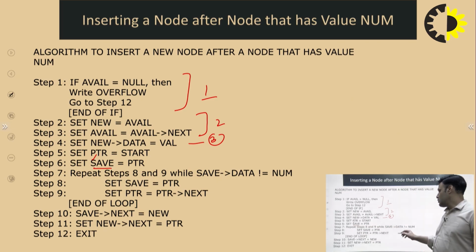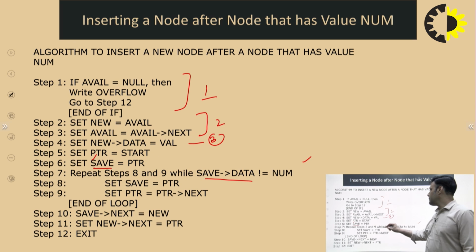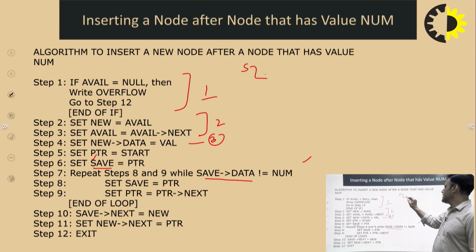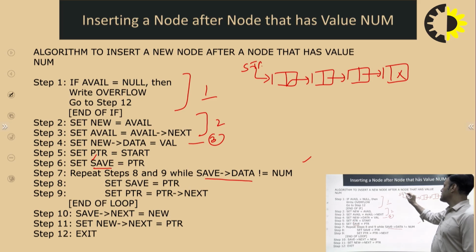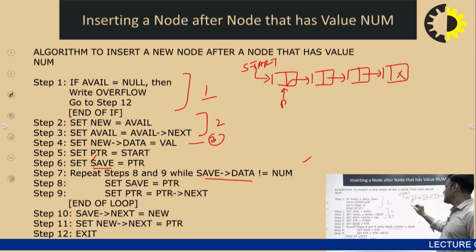Okay. So we will check here whether the data of PTR is not equal to num. Then the PTR value will come here. For example, this is start. This is start. Right? This is my given linked list. So what happened? This is my start. Now what have I done? PTR is here. Is the information part this?